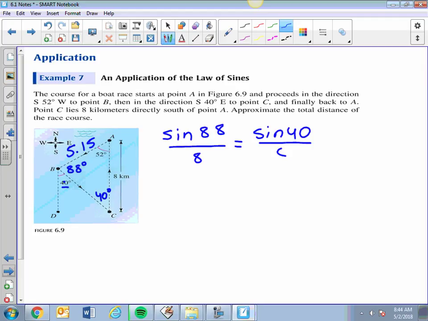Okay, so the other one, segment BC, kind of the same deal. We'll use sine of 88 over 8. And again, the reason I do that is because I always use the exact one rather than the one I rounded, so I don't get a rounded answer to something that's completely off the actual answer.